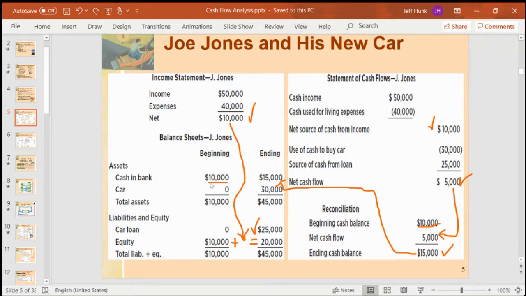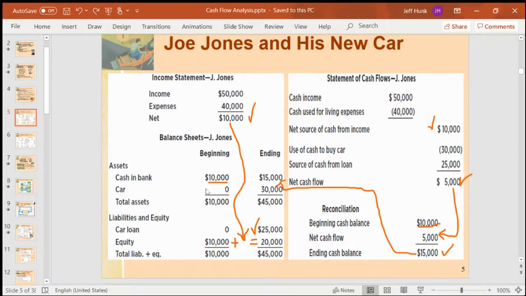At the beginning of the year, he already had $10,000 in cash. That's his asset in the bank, and this is his own equity because he didn't come from any lender. It's the cash he already had. So his total assets: he doesn't have any car.